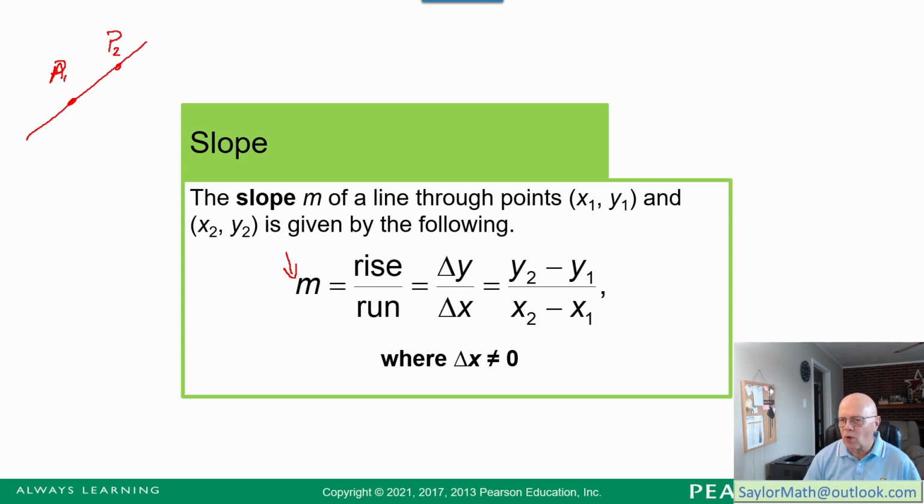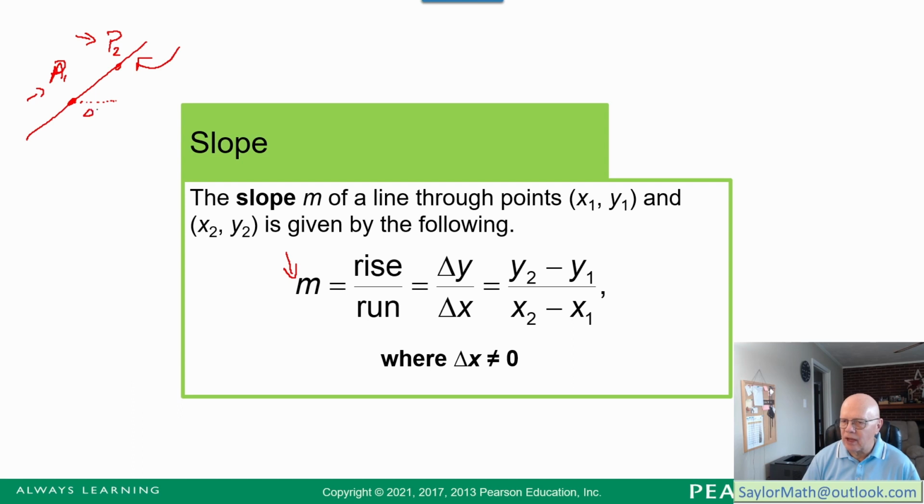If we want to find out what the slope of this line is, how steep is it, then we'll take the rise over the run. Well, what does that mean? If you were at point P1 and you went to point P2, you would be going a bit in this distance.